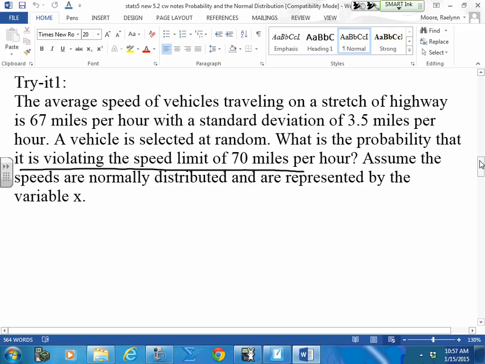It's a kind of a weird way to say, is it violating your speed limit? Violating means, are you going faster than your speed limit? The average speed is less than the speed limit. We always assume that they're normally distributed, because if they're not, we can't approach this problem.